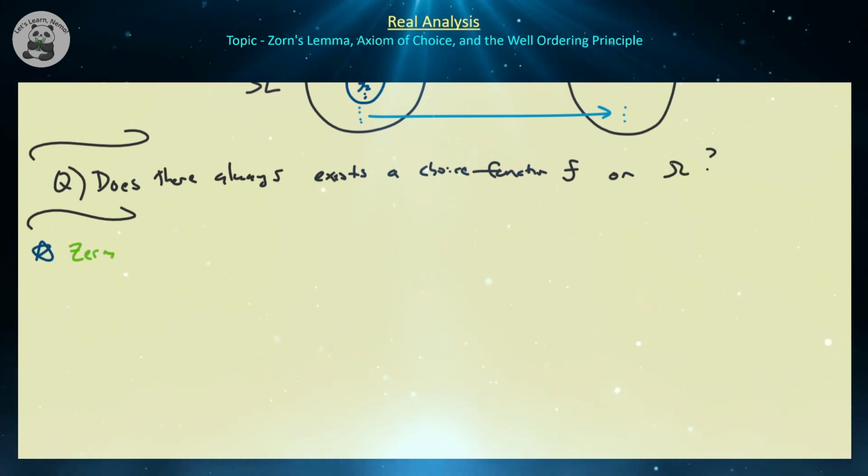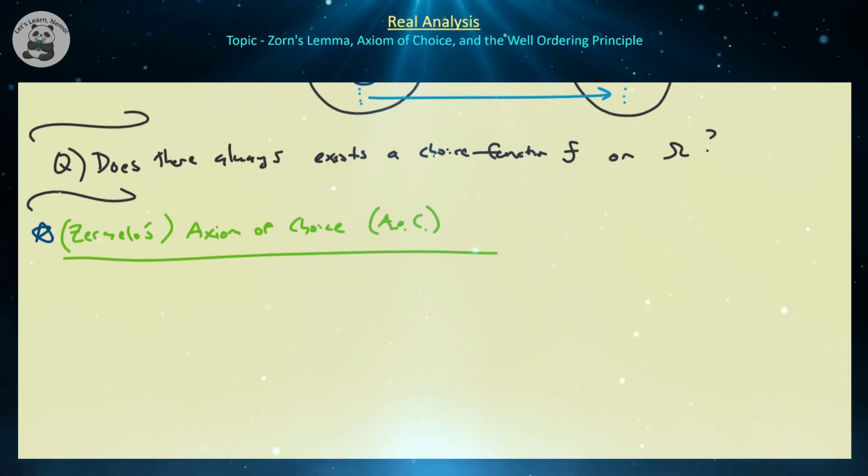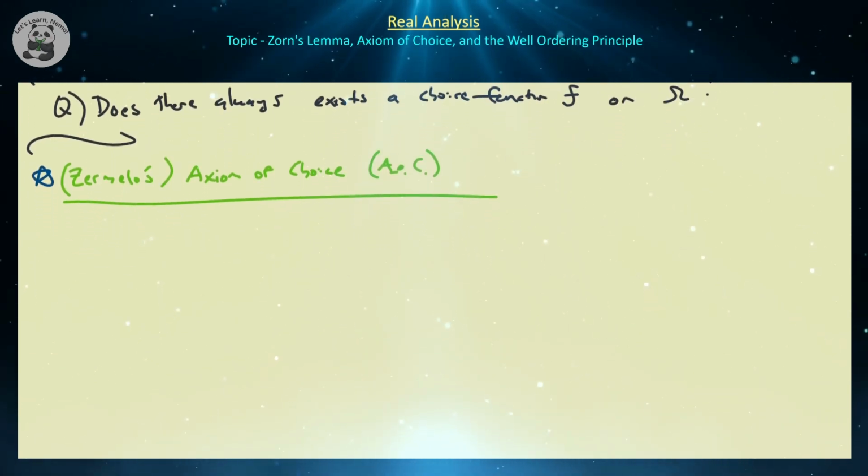So some people call it Zermelo's axiom of choice, which I'm just going to abbreviate as AOC. So the axiom of choice says the following.